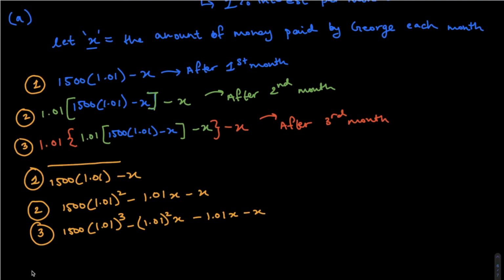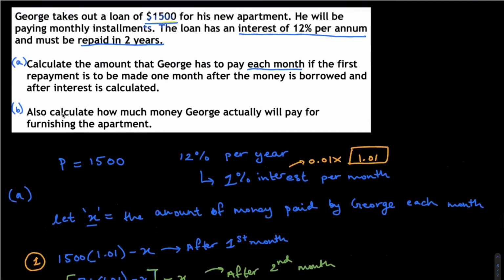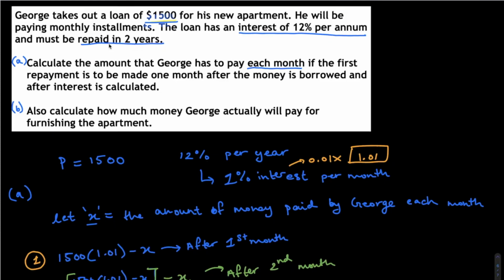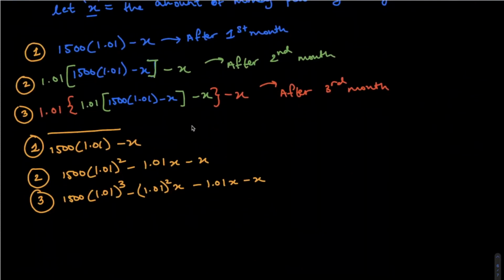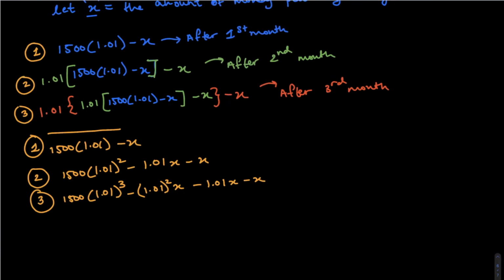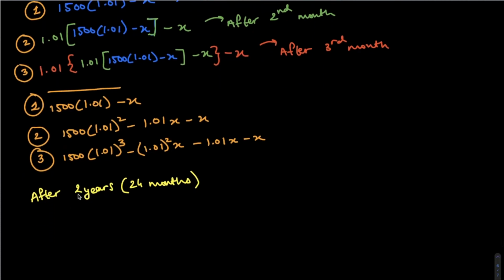So what's going to happen here is that our overall time is 2 years, or if I convert that into months, it's 24 months. So what I can really say is happening here is that after 2 years, or I'm just gonna put it in the parentheses as 24 months, you can generate a similar pattern like this.